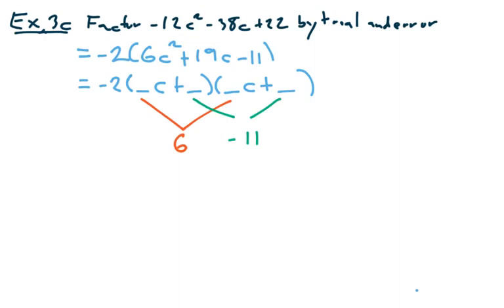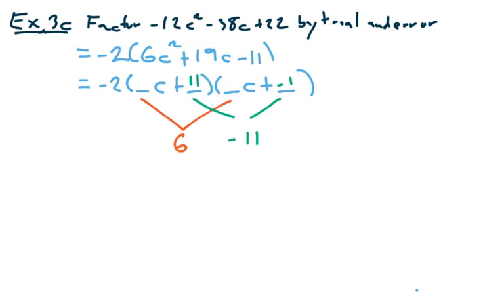Now, really clearly, there's only one way to factor 11 and 1. So why don't we go ahead and put those numbers in first. One of them has to be positive, one has to be negative. It's not quite as certain which one is which. Let's put a positive 11 and a negative 1, though, just to start.